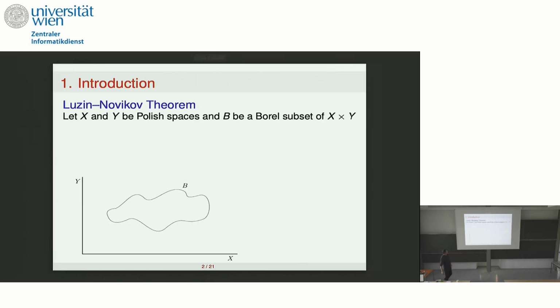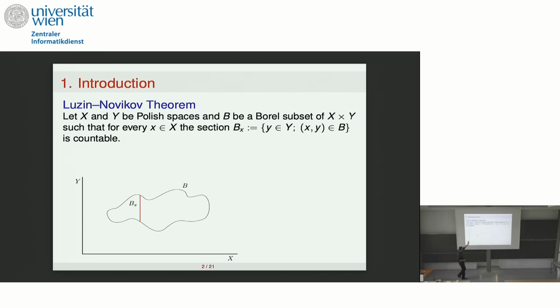I would like to start with this version of the Luzin-Novikov theorem. Here we have two Polish spaces, X and Y, and we consider a Borel subset B of the product of these two spaces. The set B has the property that for any x, the section Bx is countable.